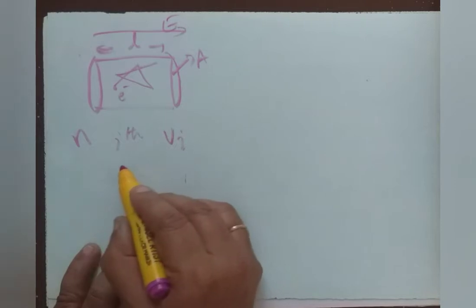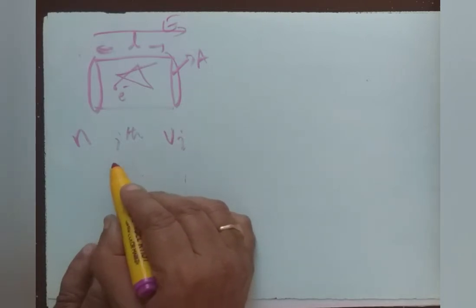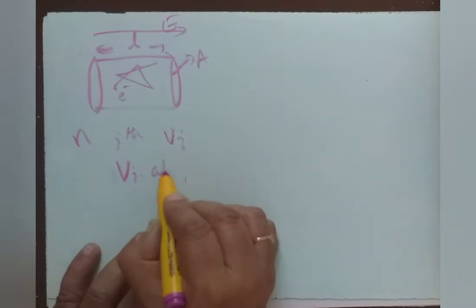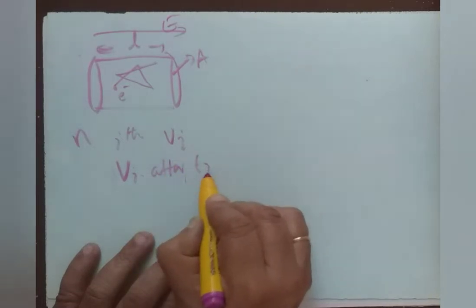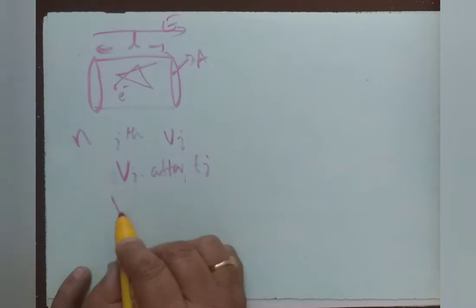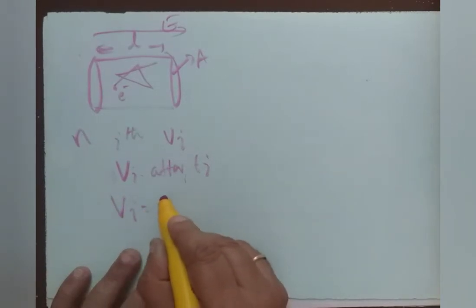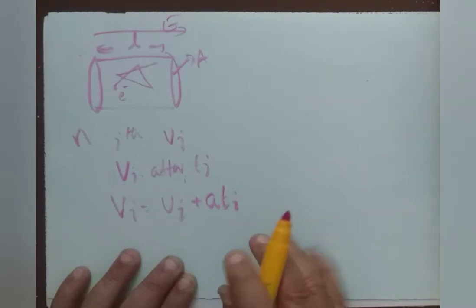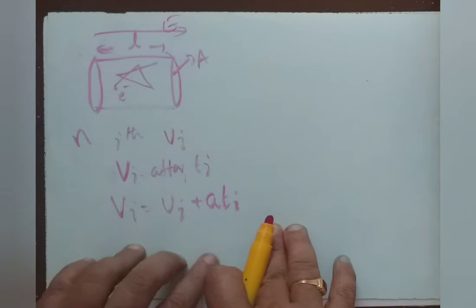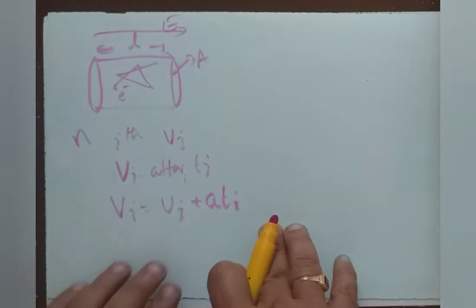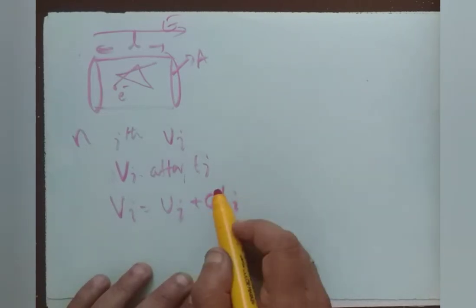Therefore, for the ith electron, we write the velocity after time Ti as Vi equals the initial velocity plus A into Ti, where Ti is the time for which it travels, A is acceleration, and Vi is the initial random velocity.